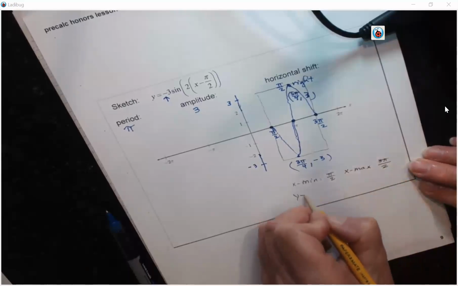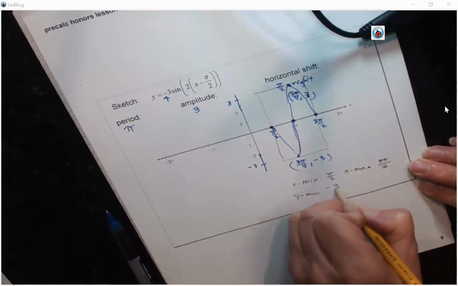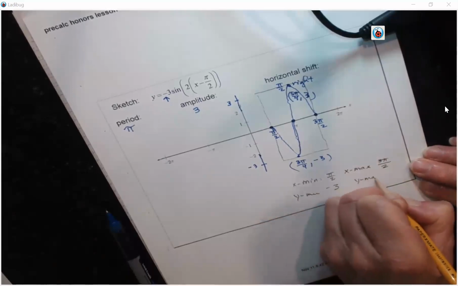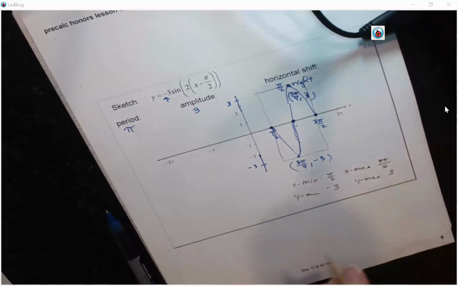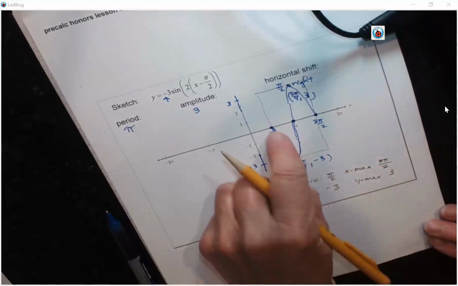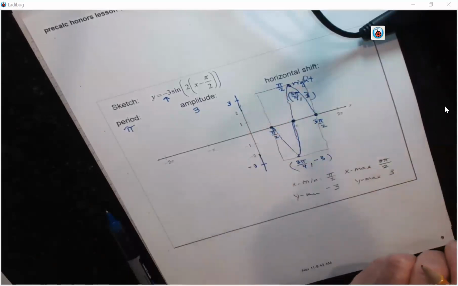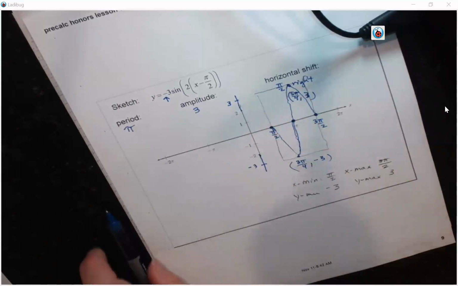And I'm going to use Y min as -3 and Y max as +3. And if I've done everything correctly, then this should be exactly what I see when I use my graphing calculator. Okay, that's a way to check that you have the correct graph.